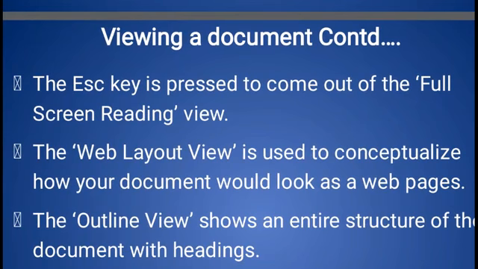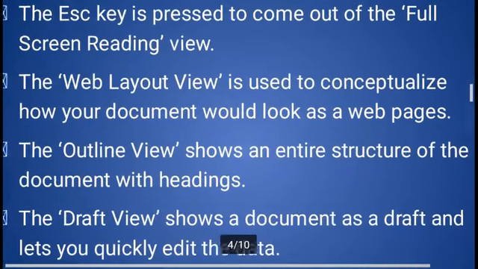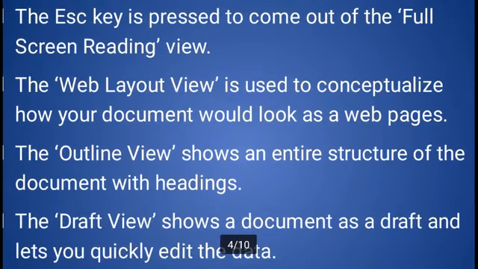If you are in full screen view and want to cancel it, you should use the Escape key. The web layout view is used to visualize how your document would look as a web page. Your document behaves just like a website view.